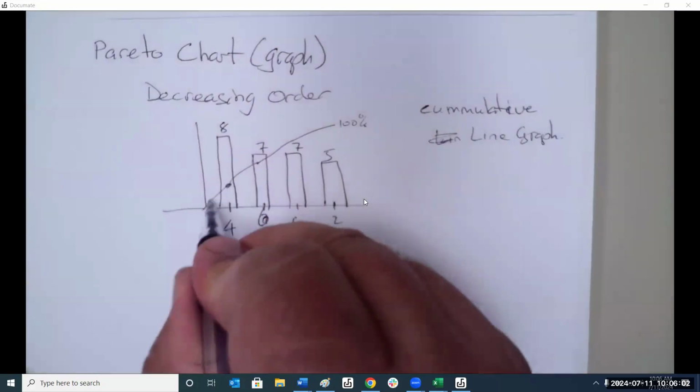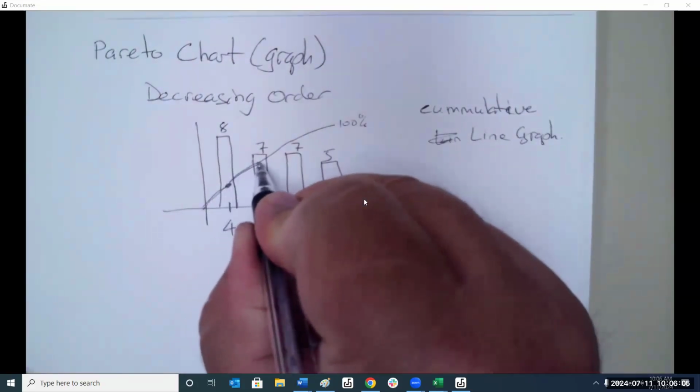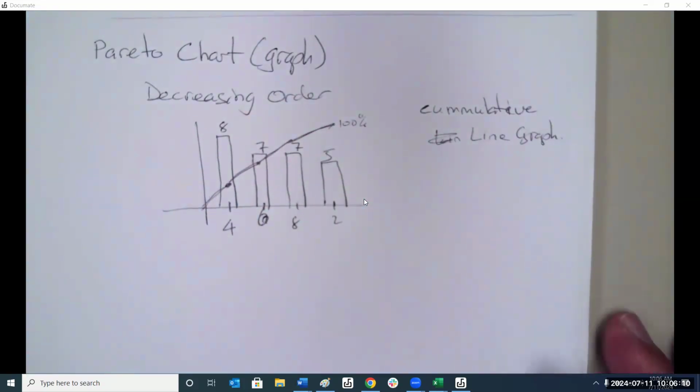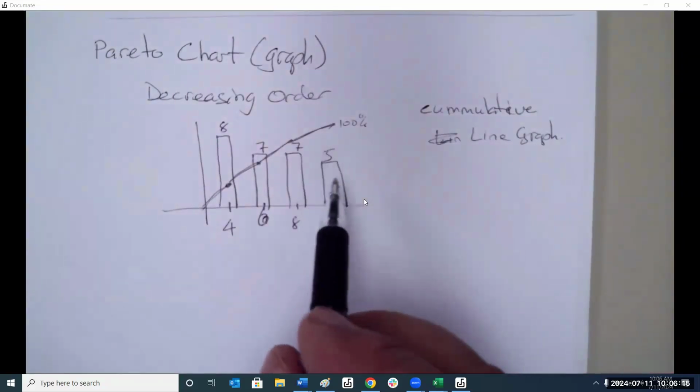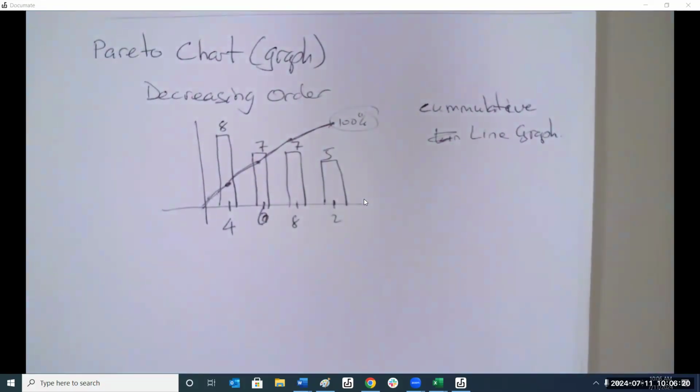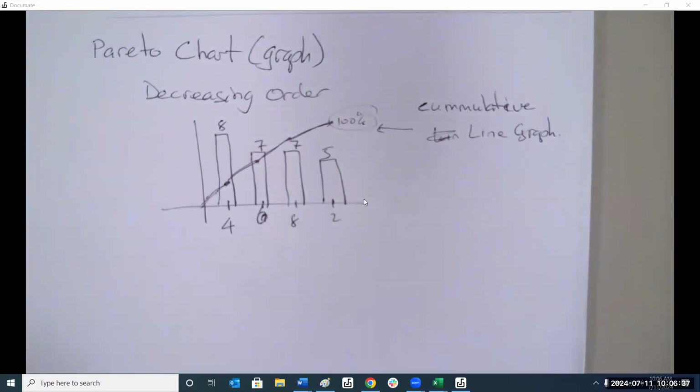So from here, it went up 8, then it went up 7, went up 7 more, then it went up 5. The reason they do that is to tell you that this data represents 100% of all the data that you have. Because if you're missing any data on your graph, you have to tell me that, and I'm just going to skip over that graph because it means nothing now. So this is a cumulative frequency distribution, or the line graph.